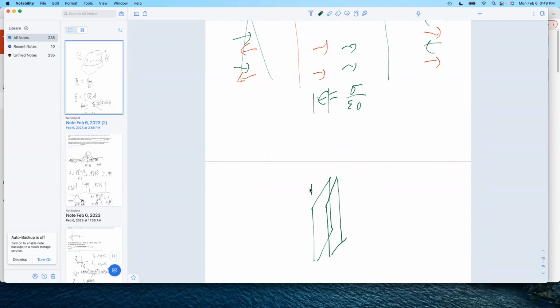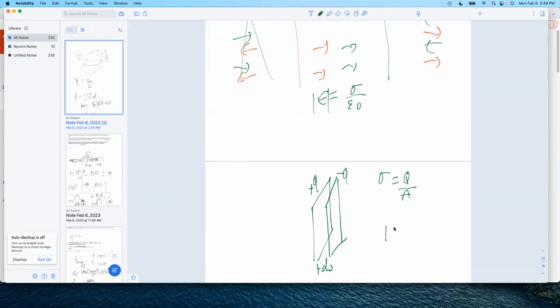So we might have some positive Q here, some negative Q here, and sigma is just charge per unit area, the charge on the positive plate divided by the area. And as long as this distance here is small compared to those areas, the electric field is approximately this.